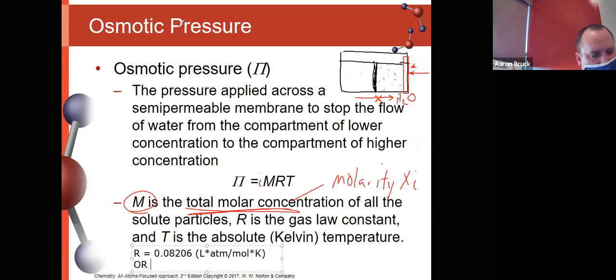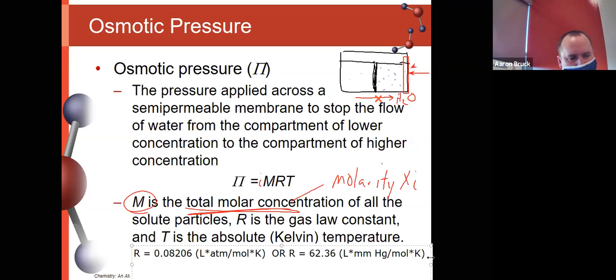The other possibility is this one, where R is equal to 62.36 liters times millimeters of mercury per mole times Kelvin.